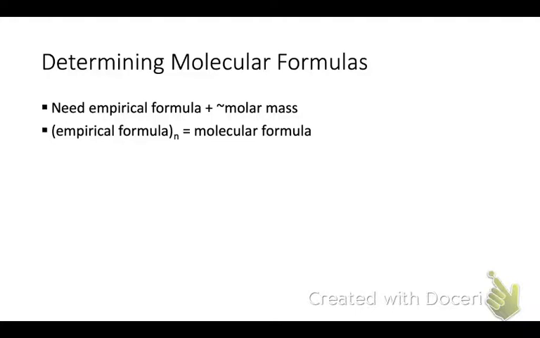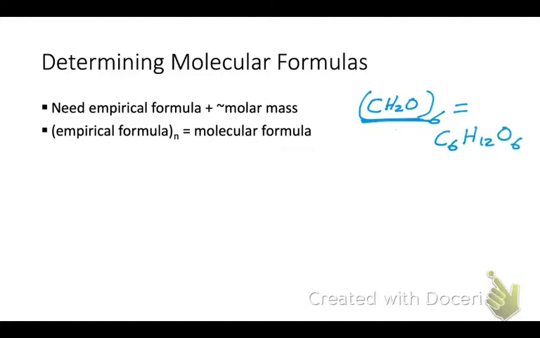Remember how I did show you that glucose has the empirical formula of CH2O. That is the empirical formula of a glucose, but it's not the molecular formula. There are 6 empirical formula for every molecular formula of a glucose, which is C6H12O6.